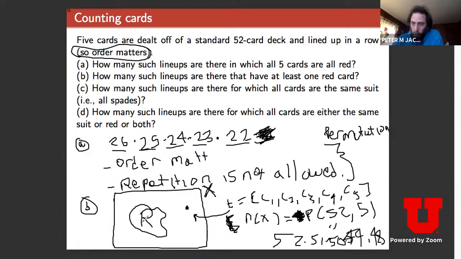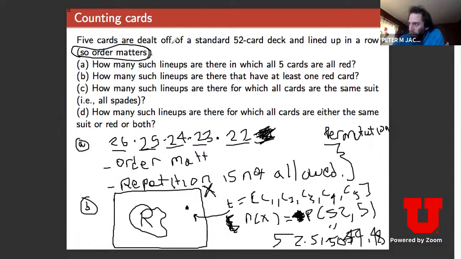How many points are in set R? So instead of computing directly the number of points in set R, we're going to compute the size of its complement. Its complement is the number of cards where all the cards are not red, all the cards are black. The number of ways to choose 5 cards where all the cards are black is the same as part A, the number of ways to choose 5 cards where all the cards are red.